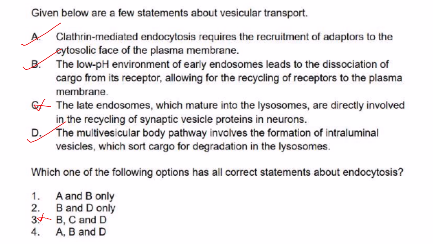It involves the formation of intraluminal vesicles within the endosomes, which mature into multivesicular bodies and fuse with the lysosomes for degradation. So A, B, D are correct. That means 4 is the right answer. 1 and 2 are incomplete. So A, B, D are correct.